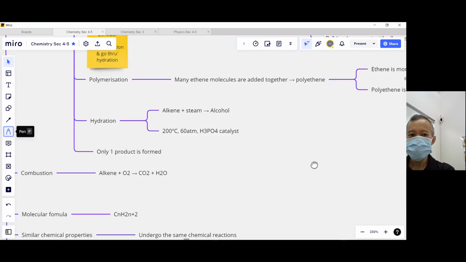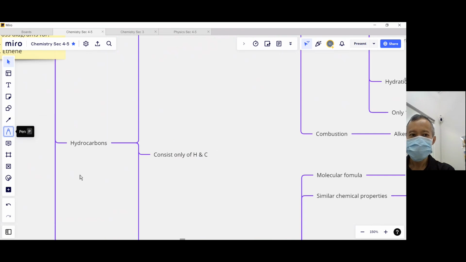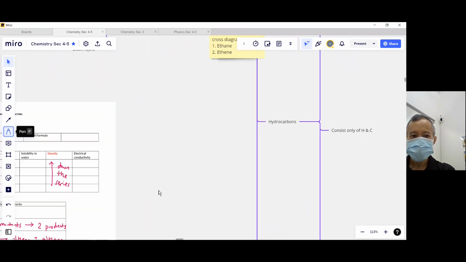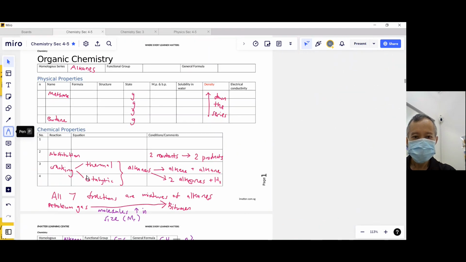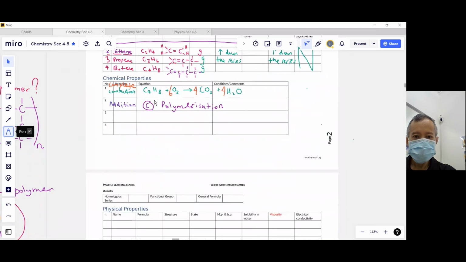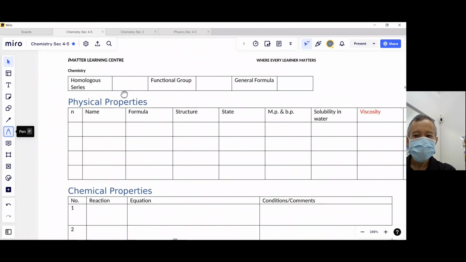Now, go to the third page of the table that I gave you last time. The third page is for alcohols. The homologous series is known as alcohols.